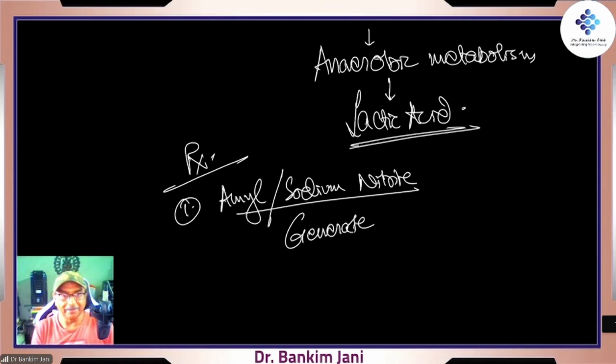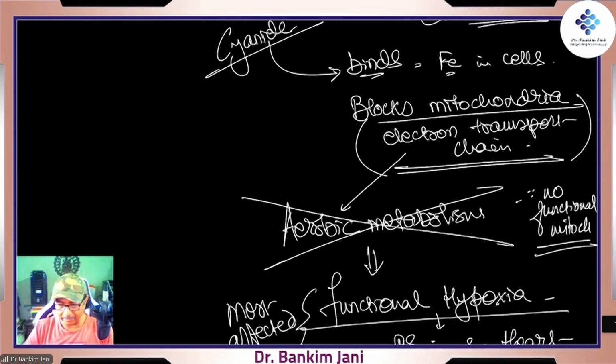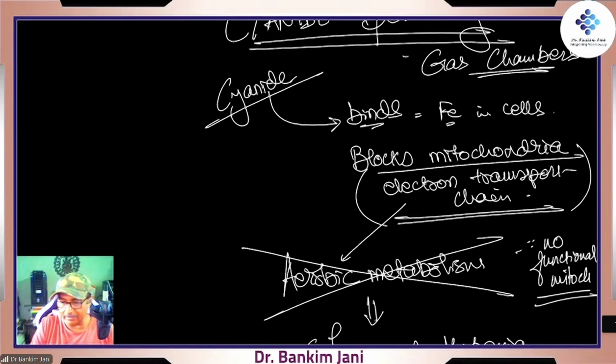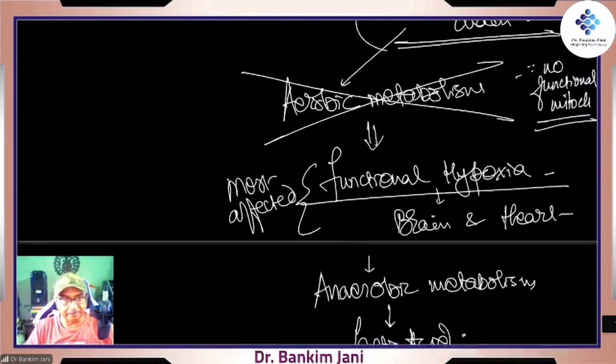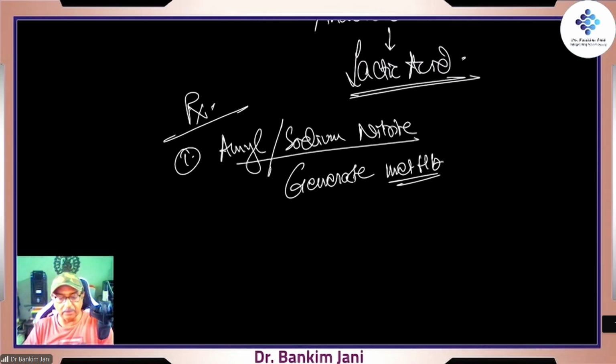They generate methemoglobin. This is happening in cells. In cells there are Fe3+ sites, and the cyanide has gone over there. What you do is give amyl or sodium nitrate, and when you give this, it will generate methemoglobin.